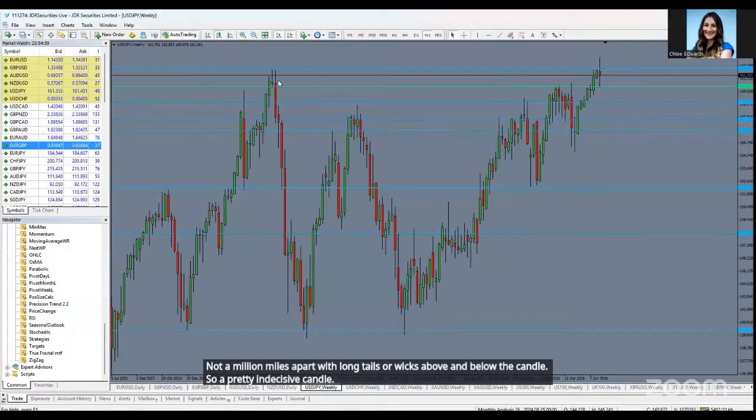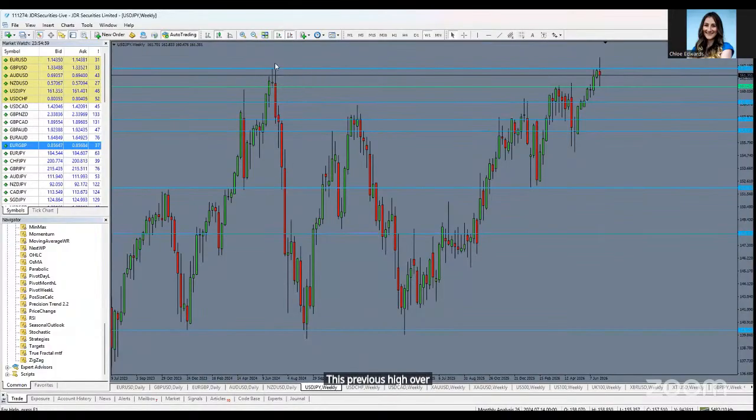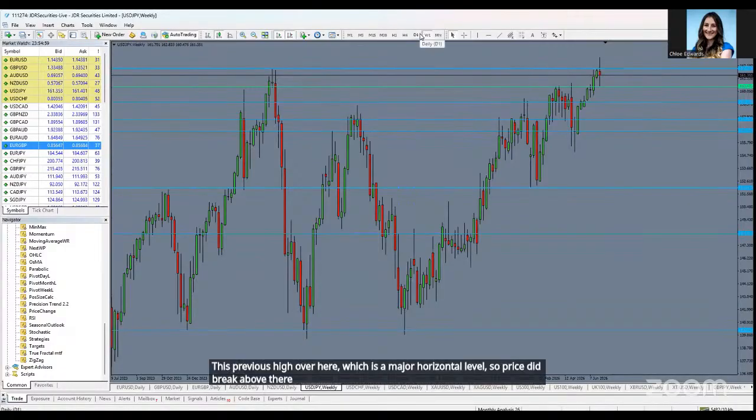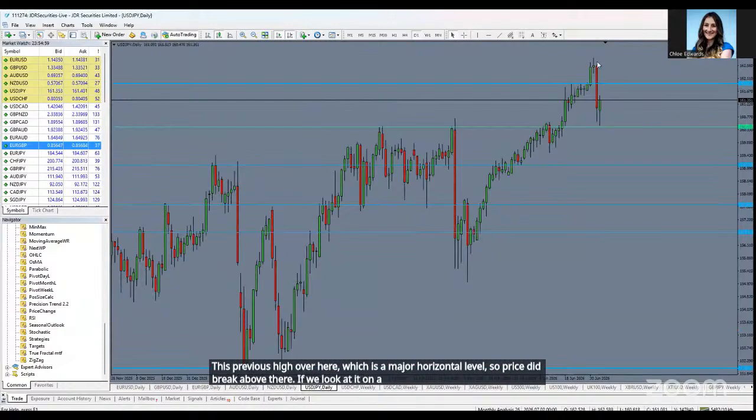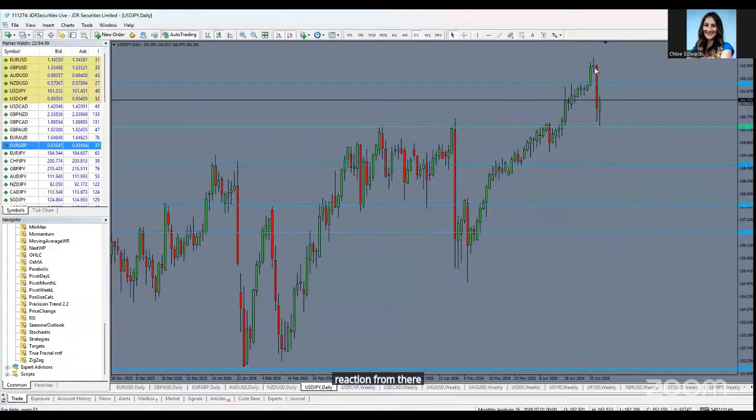Interestingly, it did break above this previous high over here, which is a major horizontal level. So price did break above there. If we look at it on a daily time frame, it's a pretty strong reaction from there. Price did not like it up there, and the sellers really did strongly come back into the market.